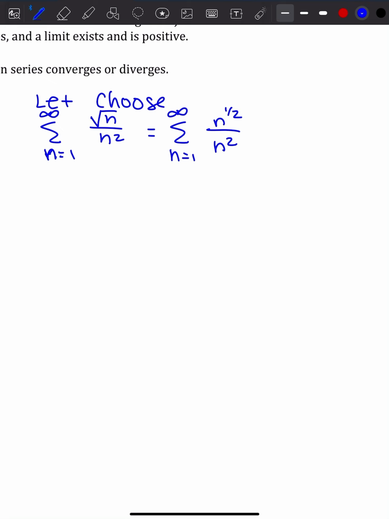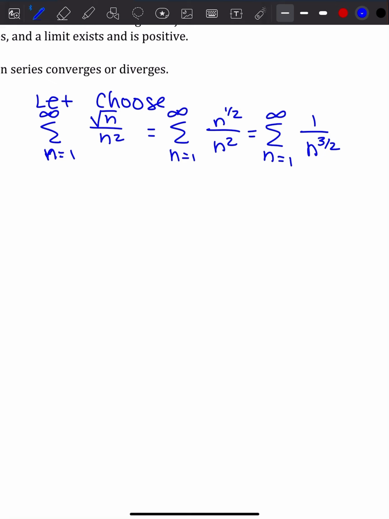We now have two variables that are the same raised to a power. So we can go ahead and divide these two things to subtract the exponents from each other. So we have 1/2 minus 2, which is going to give us the negative 3/2 power, but that also means I can write it as 1 over n to the 3/2 power.